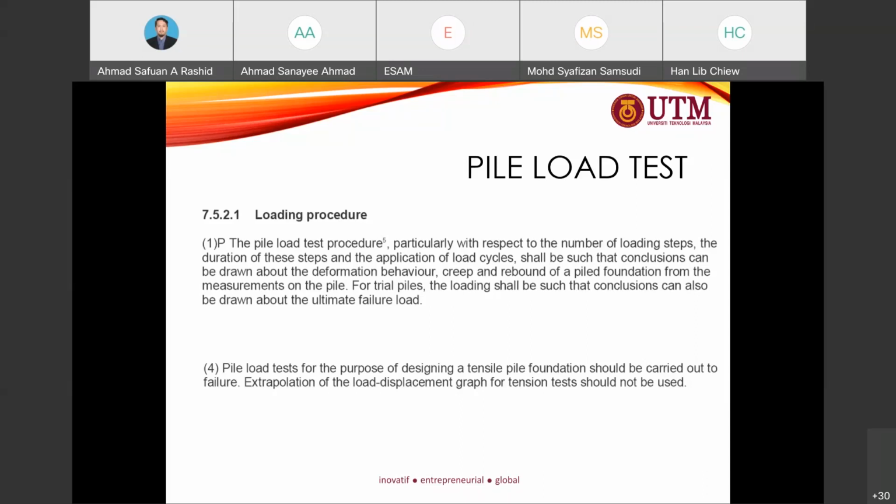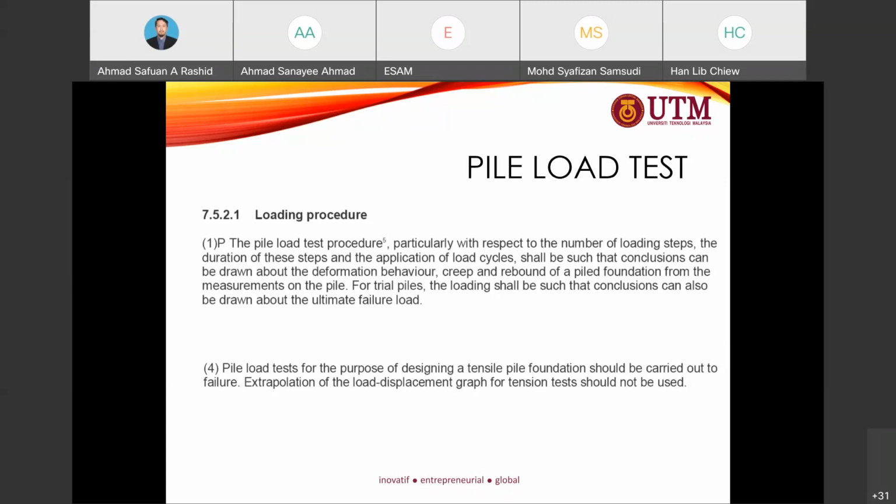Okay, so normally in the pilot test, they will test until, for example, 2 times working loads. Then they measure as well what we call the settlement. The settlement for the working load shall be around or no more than 12.5 millimeter, in order to cater for the serviceability limit state.